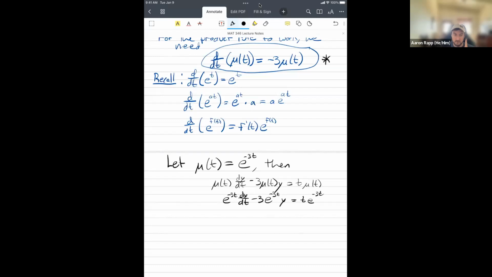But we chose mu to be e to the -3t because on this left-hand side, I have the derivative of y, and then I have y. I have e to the -3t, and now I have the derivative of e to the -3t, which means this is the outcome from a product rule.